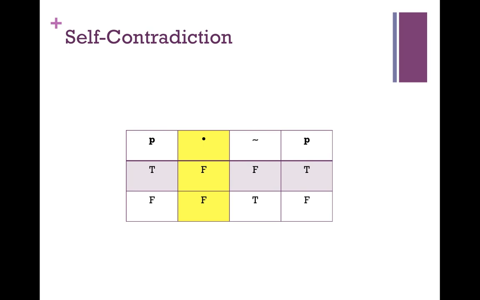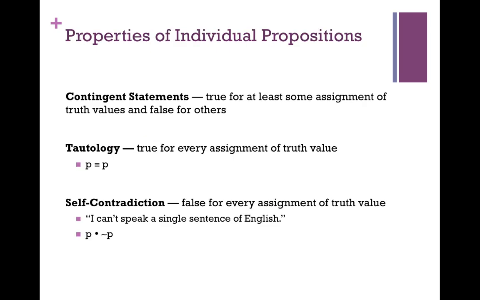Now, I should go back a slide really quickly and point out these three properties: contingency, tautology, and self-contradiction. These are properties of individual propositions. I guess I should have given you an example of a contingent statement, but actually all the ones we've been looking at so far have been contingent. If I just did P and Q, that's a contingent statement because it's sometimes true and sometimes false.